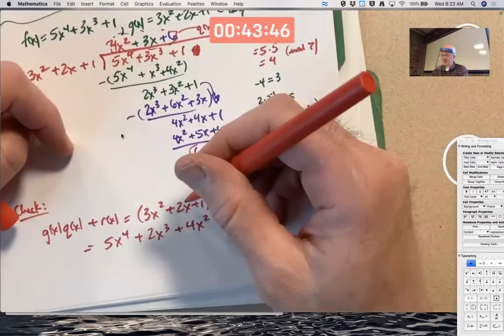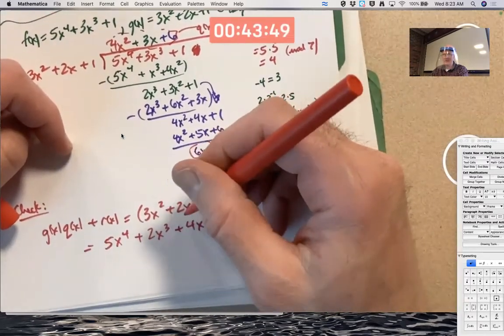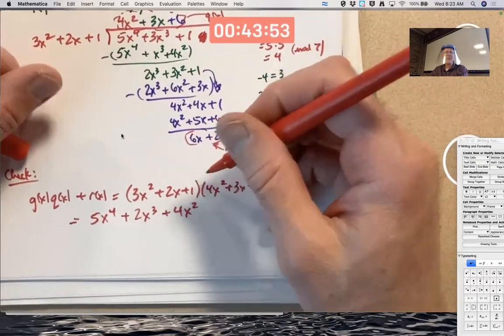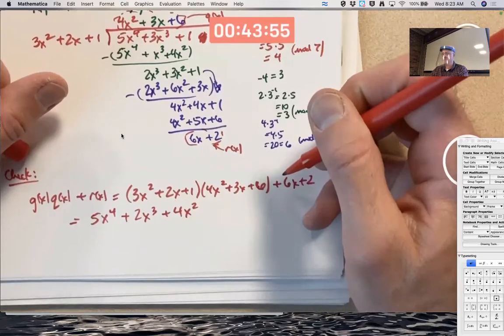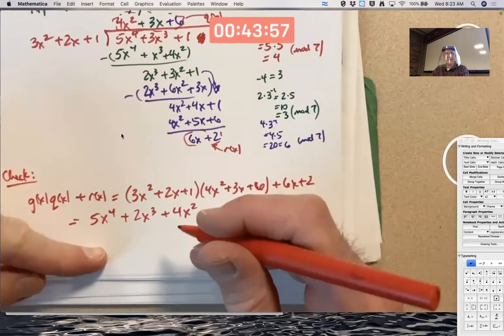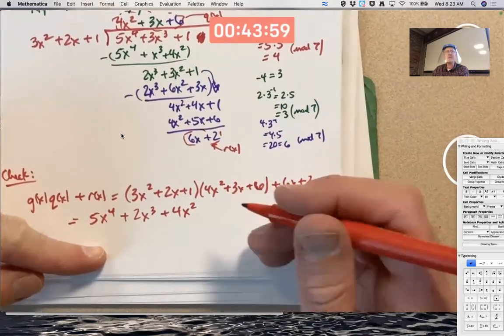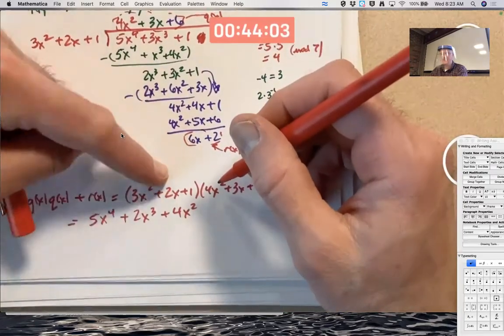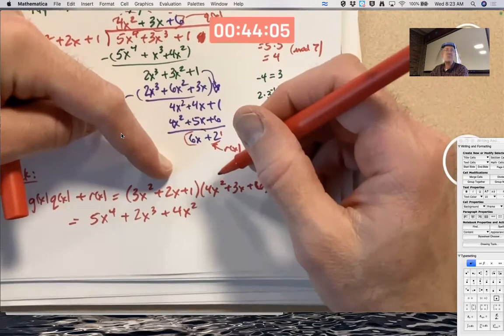Now go to the next term on the left, the 2x right here. Multiply it times every term on the right. I'm going to put the answer on a line below so that I can see what the like terms are going to be. 2x times 4x squared is 8x cubed. 8 mod 7 is 1.